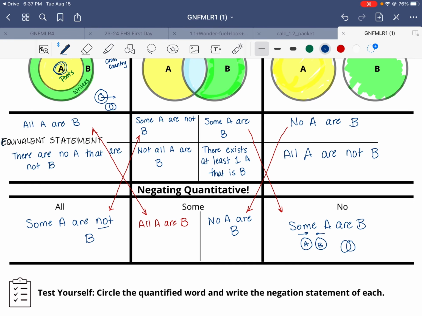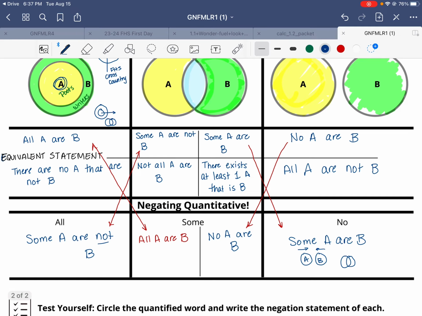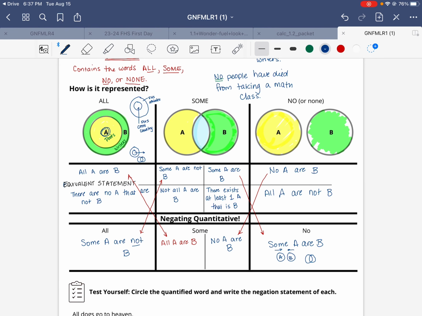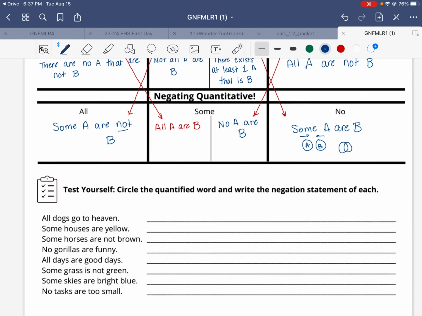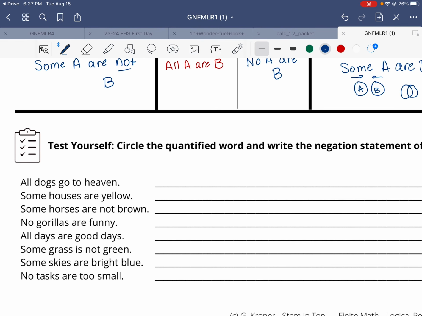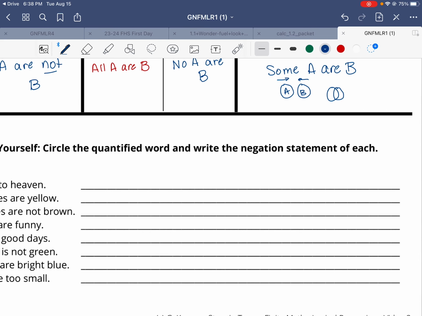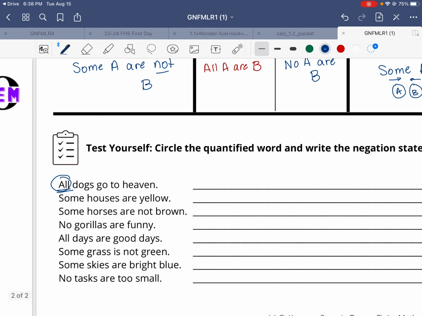Okay. So this is a whole lot of information, but you need this to be able to decipher what you've got. So let's do the first one together, and then I'm going to stop the video and have you go ahead and check yourself. So all dogs go to heaven. I'm going to underline my quantifier, and it says circle. Let me circle that. And then I'm going to write the negation statement of each.